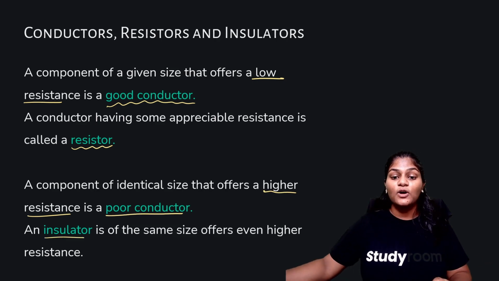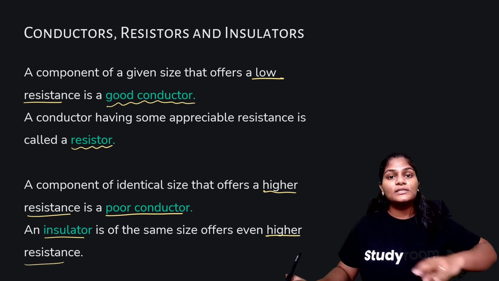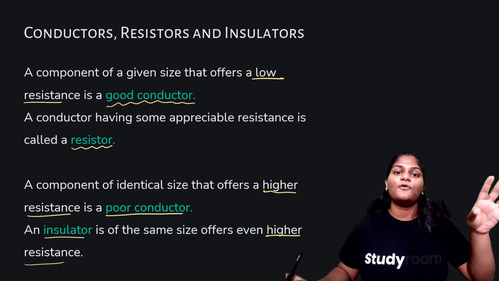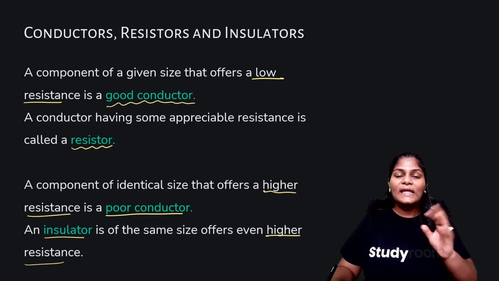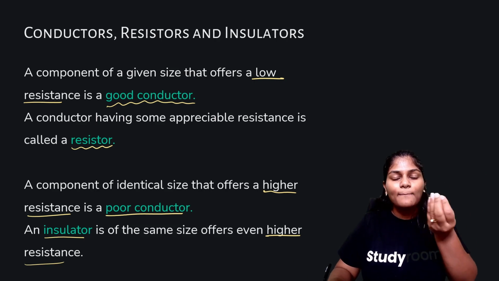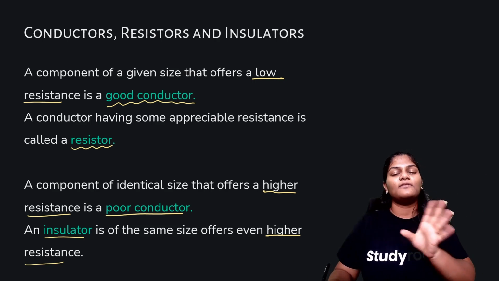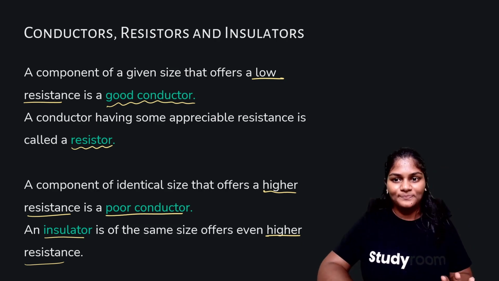Okay, and an insulator offers even higher resistance. That means very high resistance, it is almost impossible for current to flow through it. It resists the flow of current so much. Like you will see the ammeter reading as like 0.001 ampere. Only that little current can flow through it. The insulator opposes the current so much. Okay.